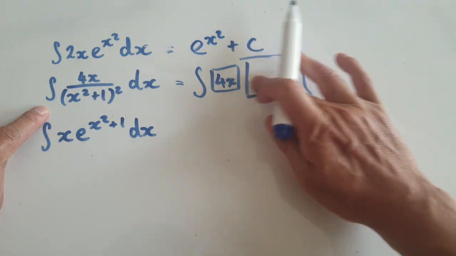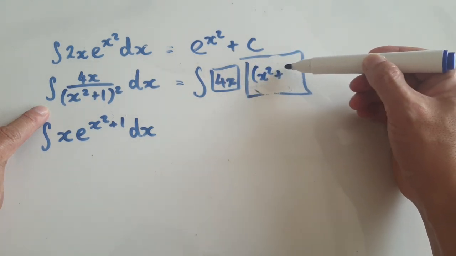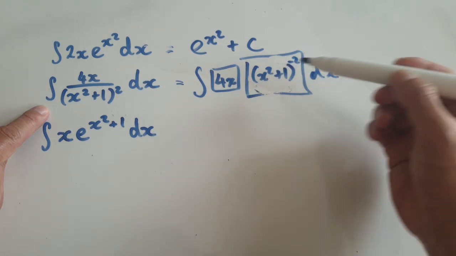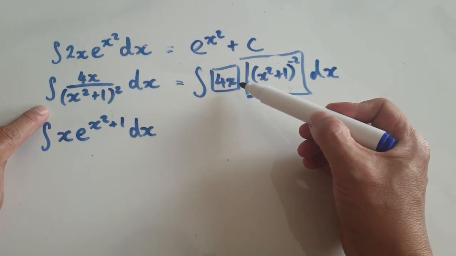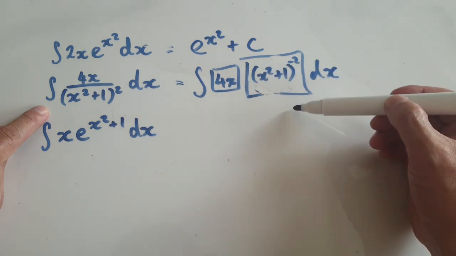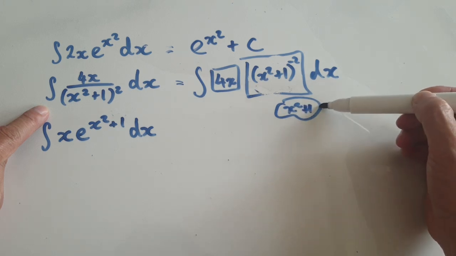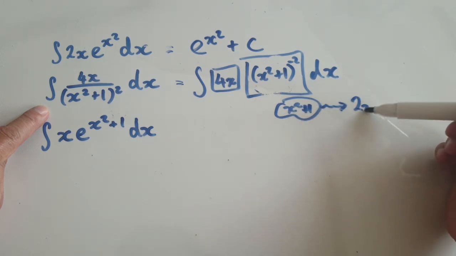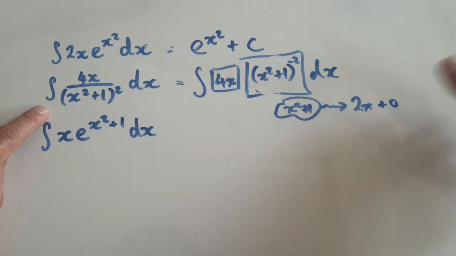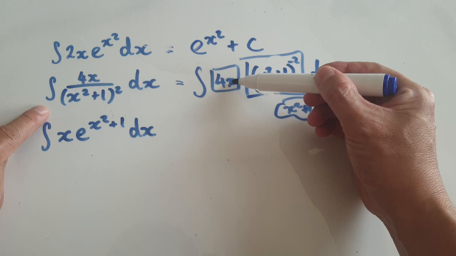So you can imagine this as being x squared plus 1 to the power of negative 2 dx. So when you come to integrate this, notice that if you look at the bubble, x squared plus 1, when you differentiate the bubble, it will be 2x, and then when you differentiate the 1, it will be 0. So the point is that you've got an x here, you've got an x here.